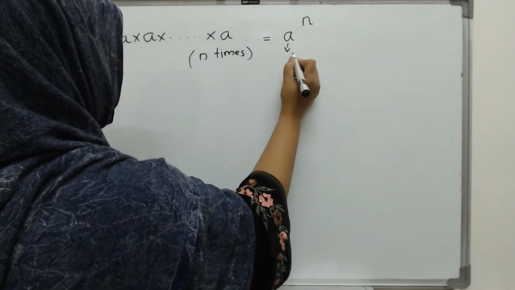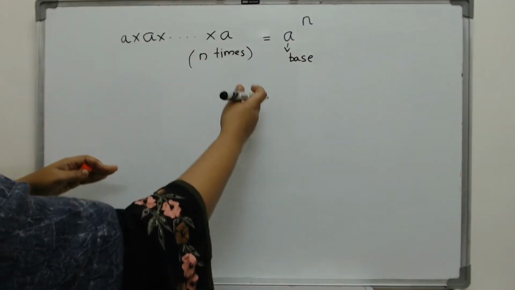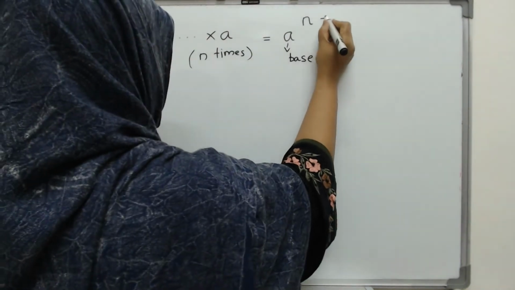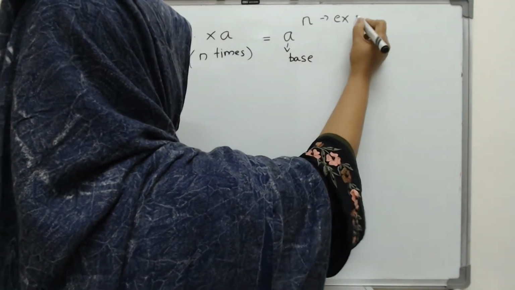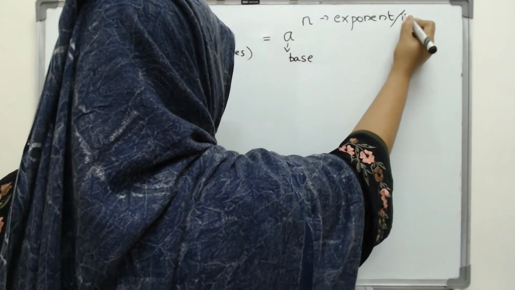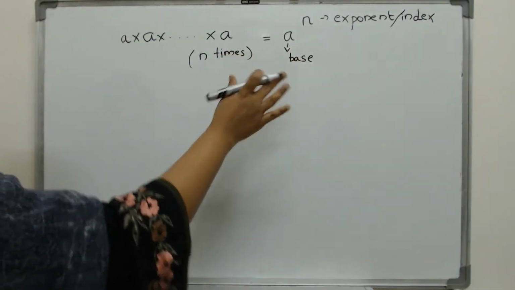Here a is called the base, that is, the number which is repeatedly being multiplied. The number of times it is multiplied is called the exponent or the index, or it is said to be the power of the base a.